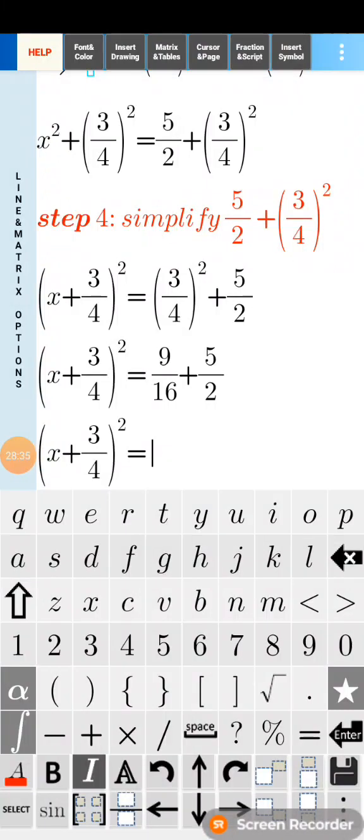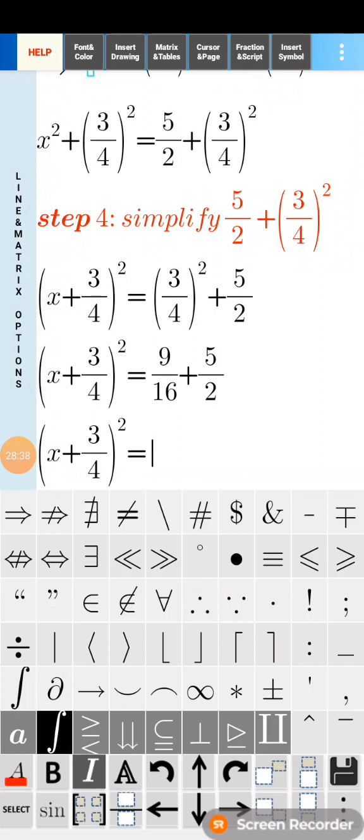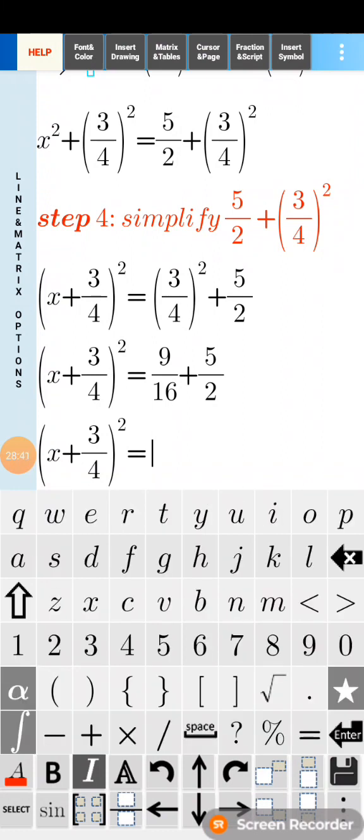That will be a long line. I'll be having 16 down here. So the LCM of 16 and 2, the denominator, is 16. So 16 divided by 16 will give me 1. So 1 multiplied by 9 will give me 9, plus 16 divided by 2 will give me 8.